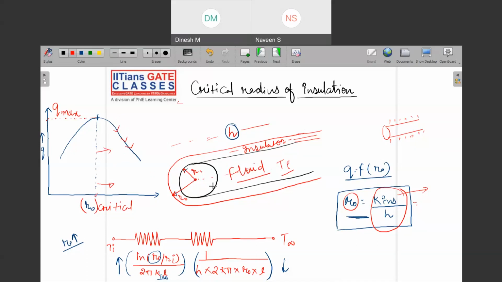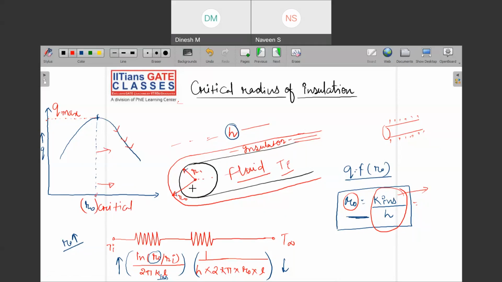But sometimes there are applications where you need to lose this heat. For example, electrical wires which are transporting electricity are covered with certain insulators.